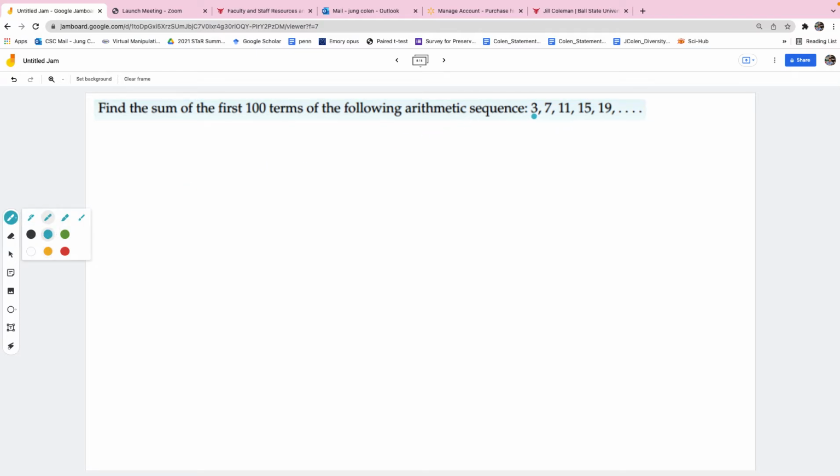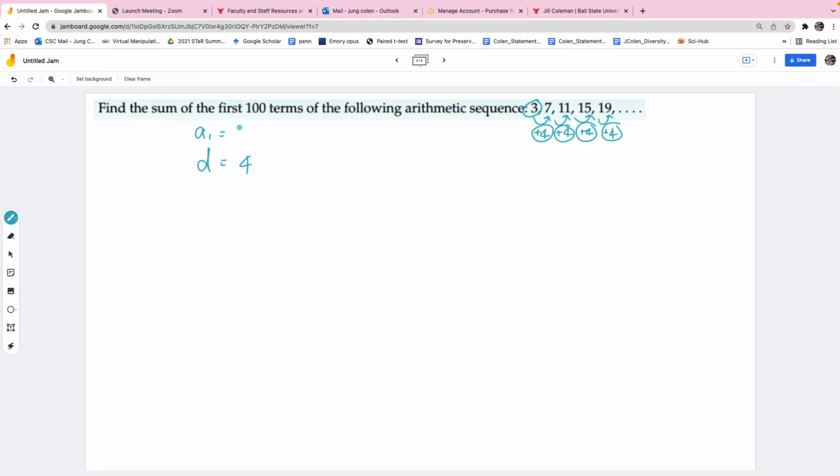From 3 to 7, you added 4, and you add 4 to 7 to get 11, and add 4 to get 15, add 4 to 15 to get 19, and so on. So you see that we are adding 4 constantly. So our d is 4, and the first term is 3.